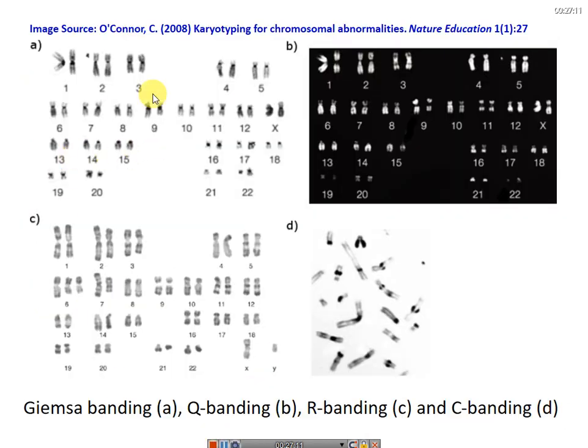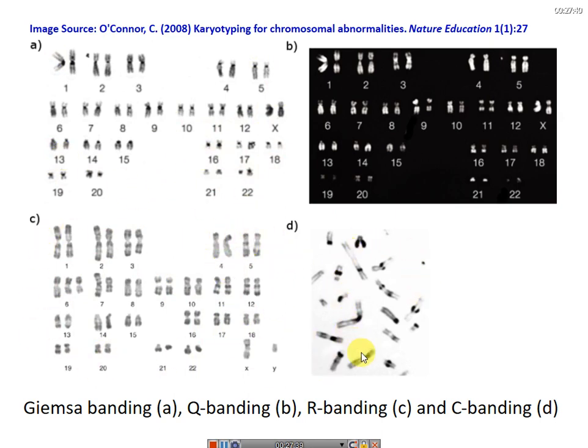Here, Giemsa staining, Q banding, R banding, and C banding. You can clearly see that in G banding and R banding, the regions which are stained darker in G banding are stained lighter in R banding. So the regions that cannot be studied here, like the ends of the chromosomes, can be studied by R banding very clearly.